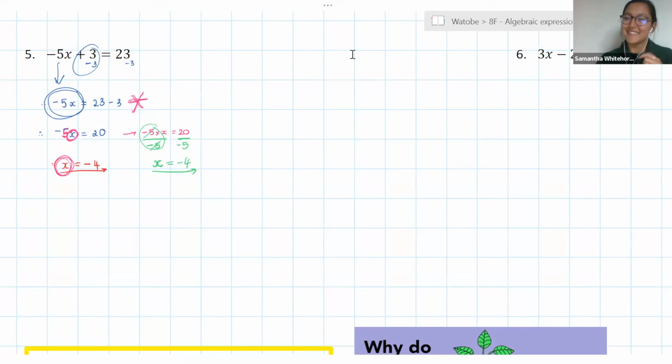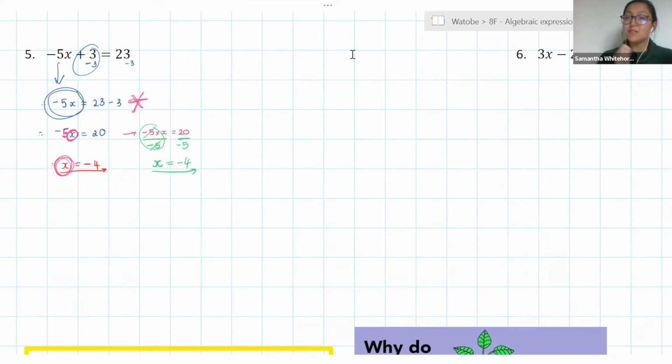Yes. Ma'am, I only wanted to ask, if -5x equals 20, did you multiply or subtract to get x equals -4? I divided by -5 because remember we said we need to do the opposite.